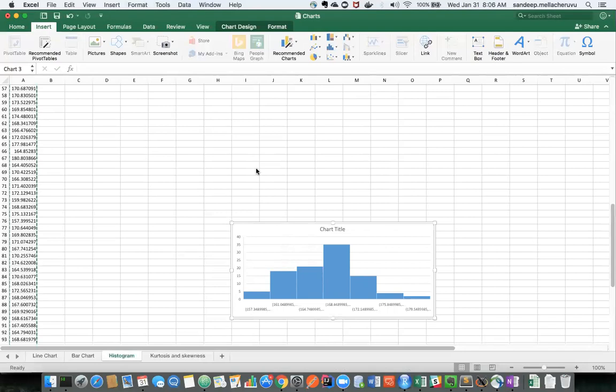Why would you have to unskew a particular set of data? Normal distribution, right? In normal distribution, the skewness is pretty much 0. It is 0 actually. And most of our analysis depends on normal distribution.